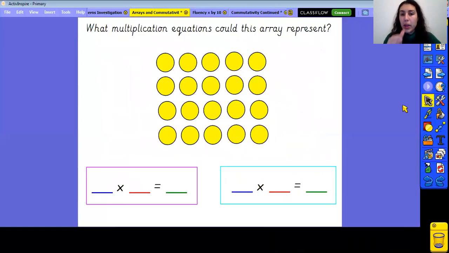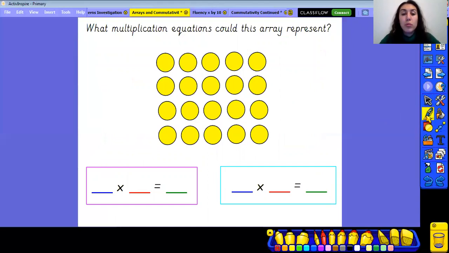So here we go, we've got another array here. So let's have a look. Well, I know that my groups could either be going down in their columns, or my groups could be going across in their rows. So just choose any that you like to start with. I'm going to choose going down. So I've got 4 in that group.